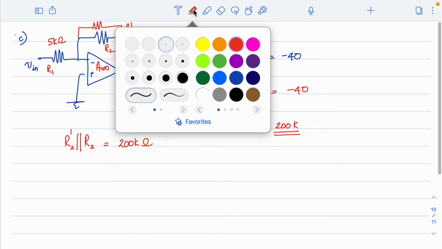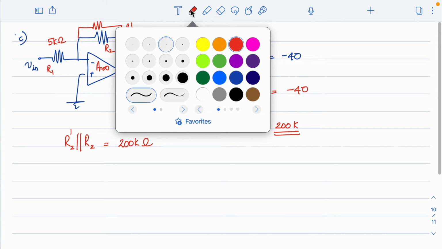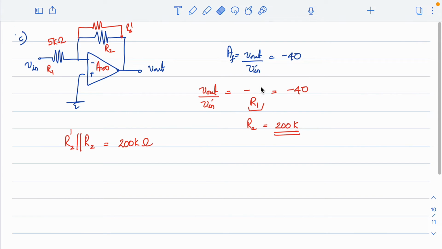You'll get confused if I use the same notation, right? I will just write this as the feedback resistance RF. This is RF. Now what is RF? RF is one more resistance in parallel that should be equal to 200k.